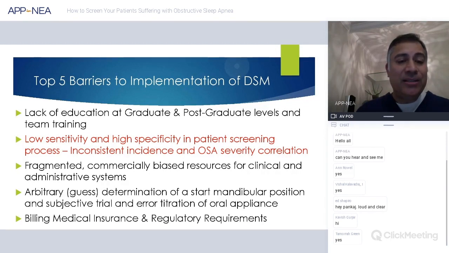Then there's the low sensitivity and high specificity in the patient screening process, with very inconsistent incidence and severity correlation. So what does that mean? That means the current methodologies of screening, the Epworth Sleepiness Scale, the STOP-Bang, or even the Berlin score, by themselves are not very specific or even correlated to the severity of the OSA.